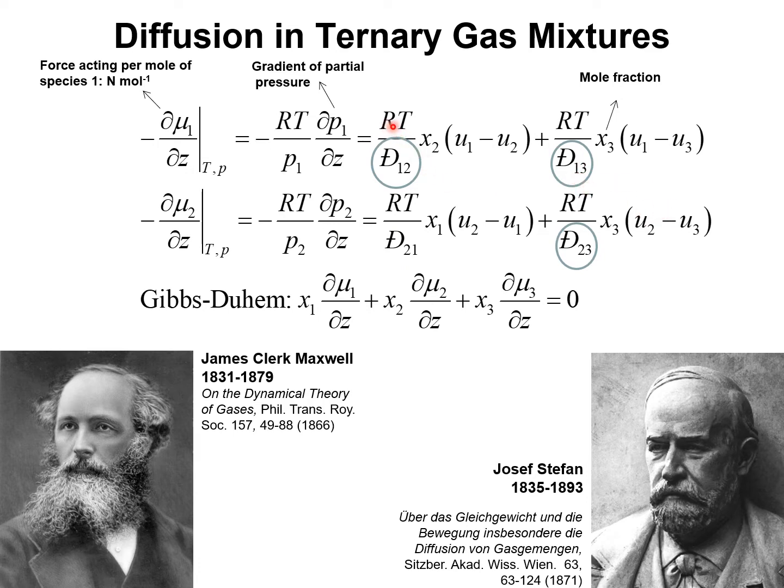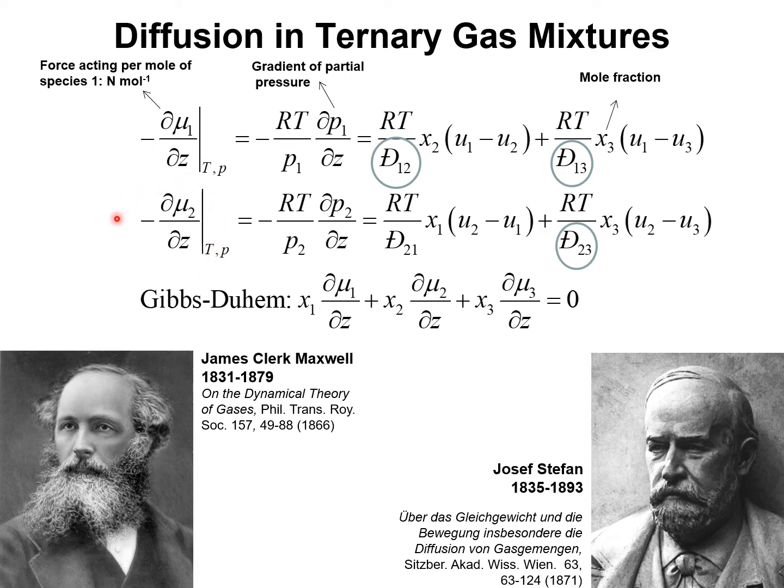R is the gas constant and T is the temperature. By introducing RT here, we ensure that the units of D12, D13, and D23 are square meters per second.